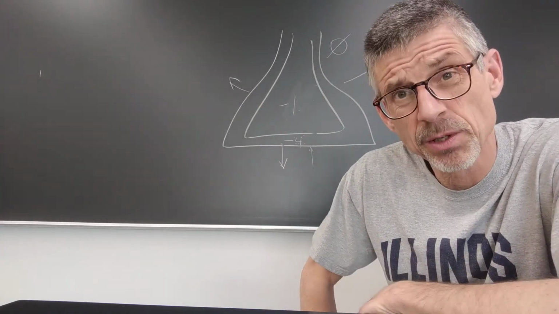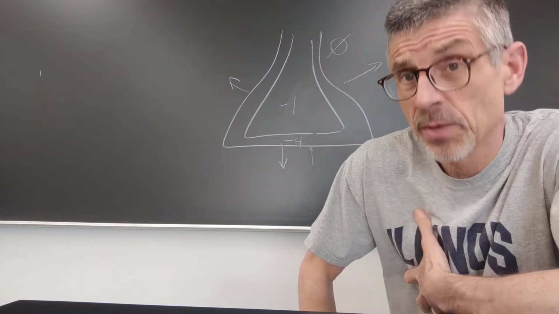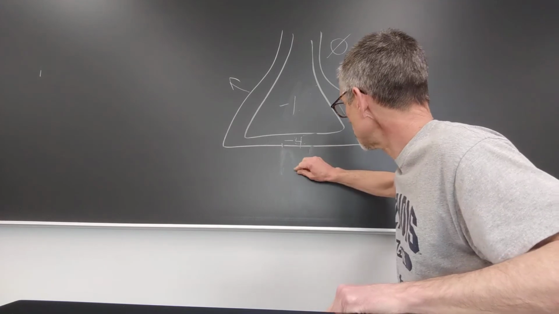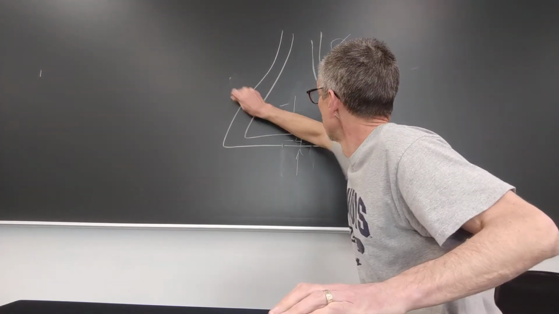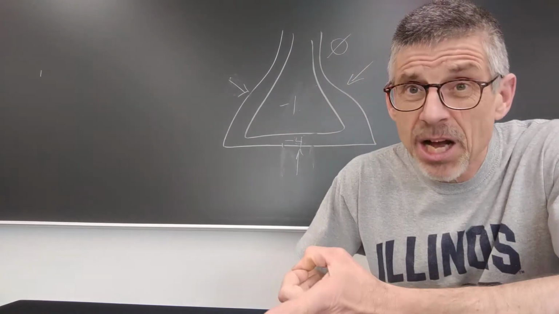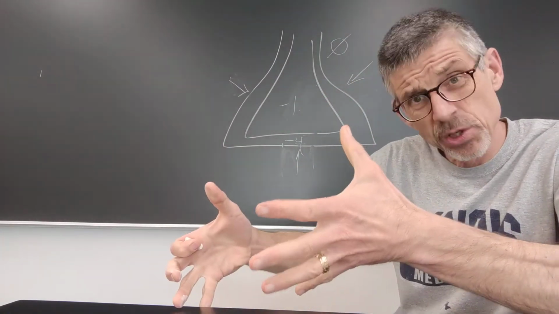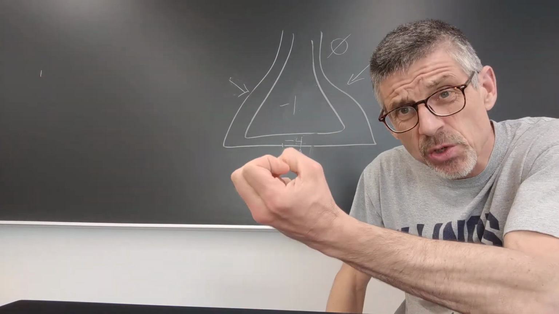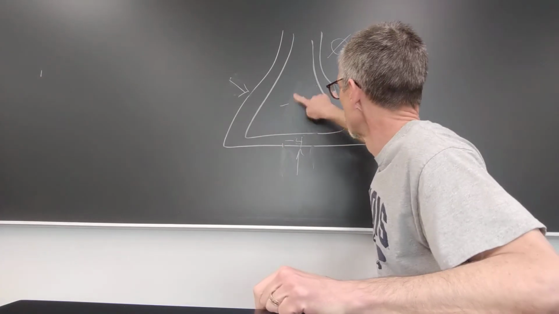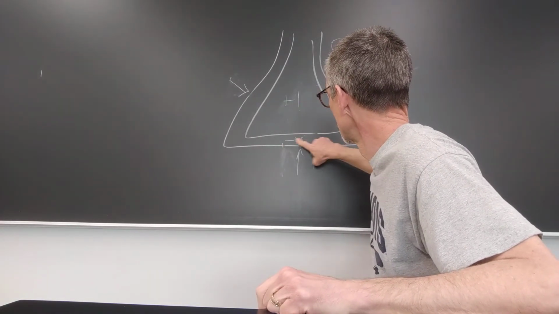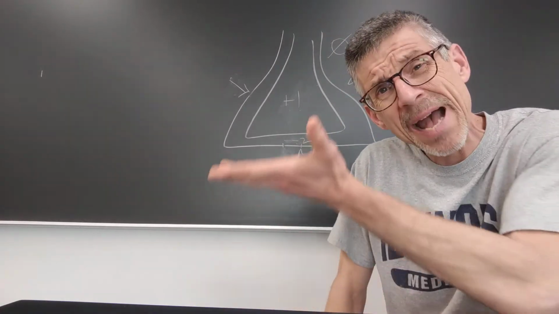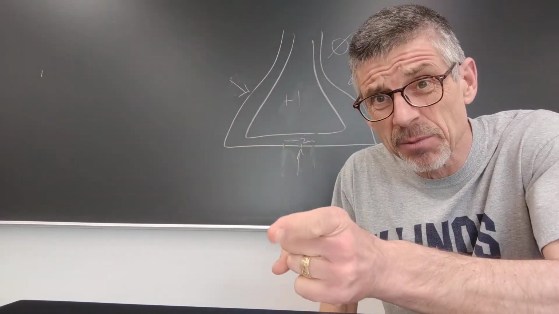How about expiration? Well, with expiration, the muscles relax, the intercostal muscles and the diaphragm. Now, the thoracic volume is reduced, the alveolar volume is reduced, and pressure goes up in those alveoli. The intrapleural pressure goes back to its starting point, still less than atmospheric.